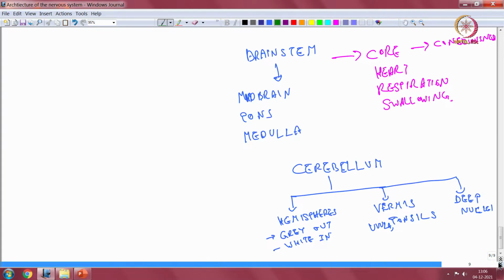So, this is how the brain is organized in very simple terms. We will delve into a lot more detail subsequently, but for the time being I would want you to understand this rather than mug up stuff. How the architecture is there within, and how things are similar between the cerebrum and cerebellum.